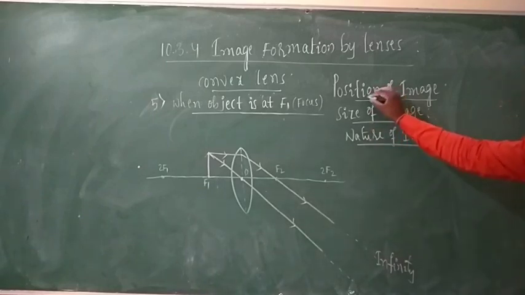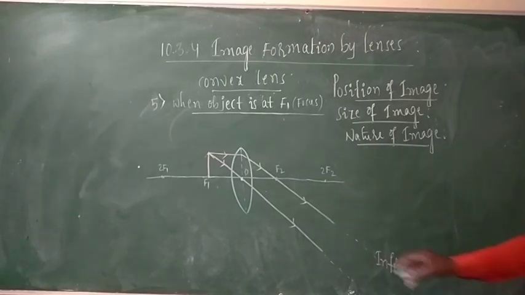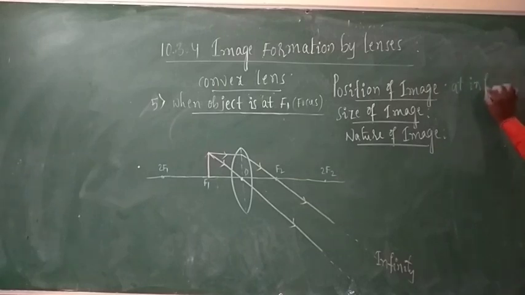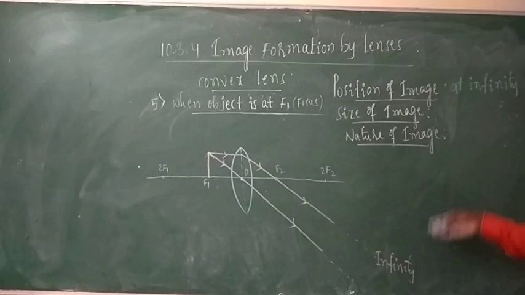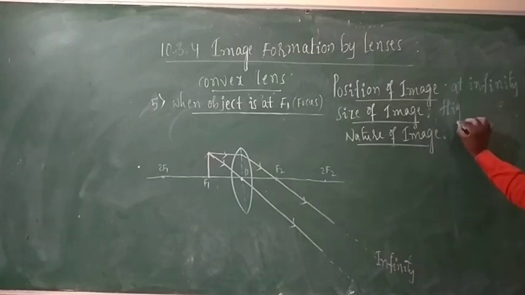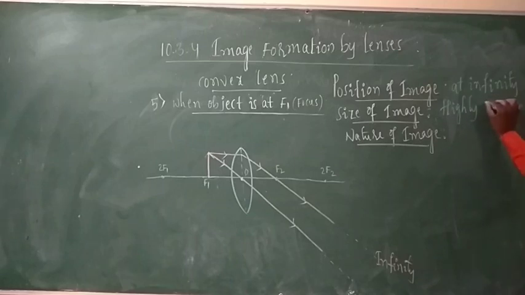We shall write the position, size and nature of the image now. Where is the image formed? At infinity. We don't know exactly. It will form at an infinite place. Size of the image, highly magnified or highly enlarged.